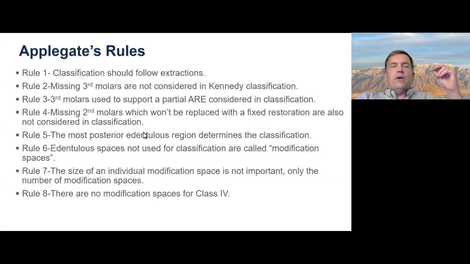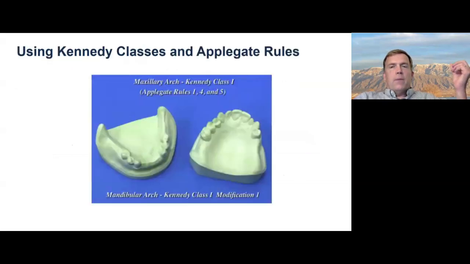Edentulous spaces that are scattered around but don't really affect the classification, we just call modification spaces. The size of them doesn't really matter, it only matters what they are. Last but not least, there are no modification spaces for a class 4.